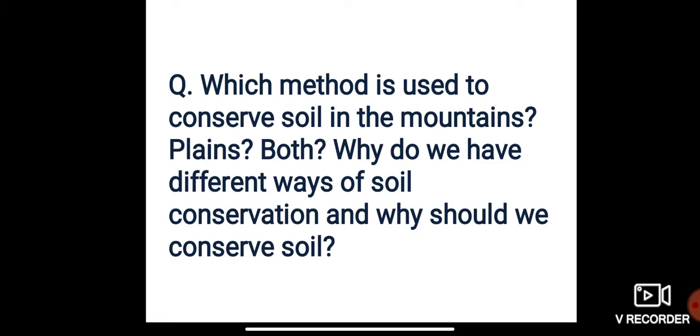So listen: terrace farming and contour ploughing are practiced on the mountain, whereas crop rotation is mostly practiced in the plains, and planting trees is the common method which suits all types of physical features.